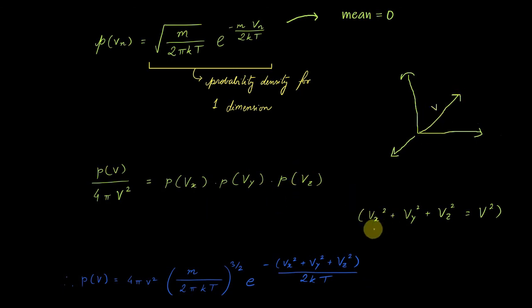I mean, assuming this relation is true, obviously. But for this probability density for the speed v, this is just one of the possible vectors, right?